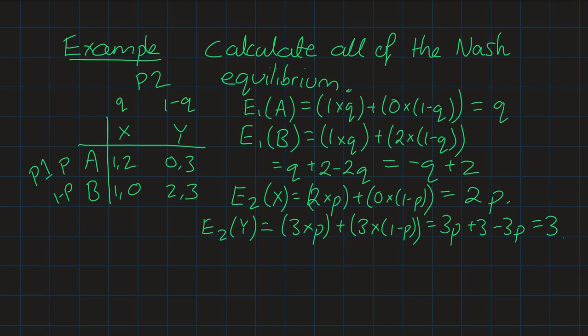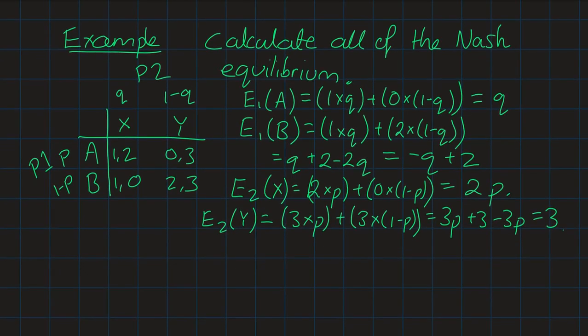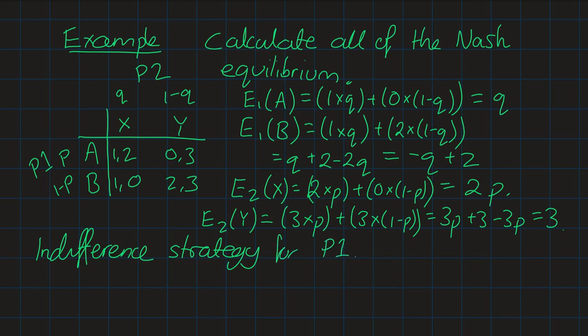And I worked these out because I'm trying to work out the mixed Nash equilibrium. And if you recall, the mixed Nash equilibrium is simply a pair of indifference strategies. So now let's try and work out the first indifference strategy. Let's work out the indifference strategy for player 1.